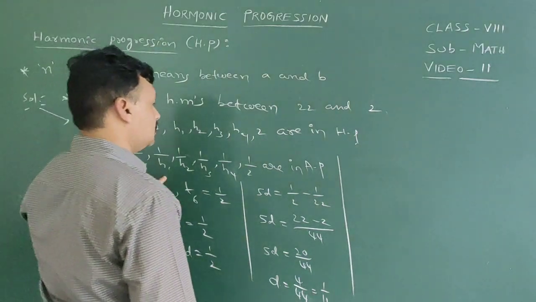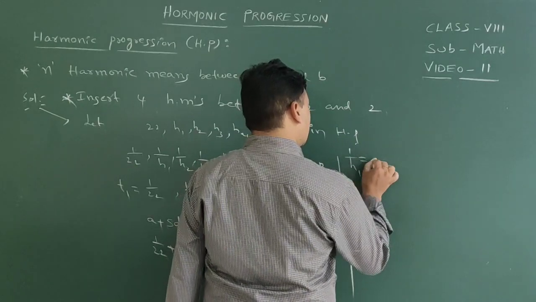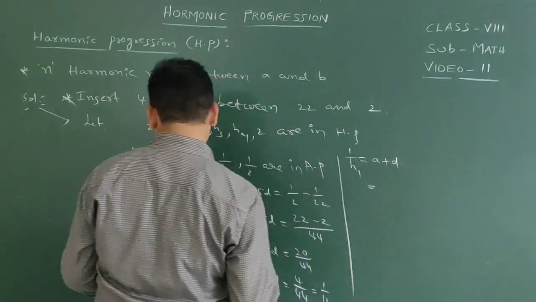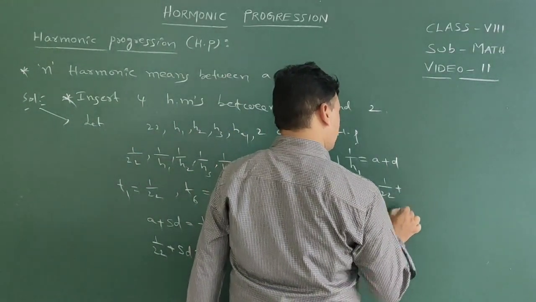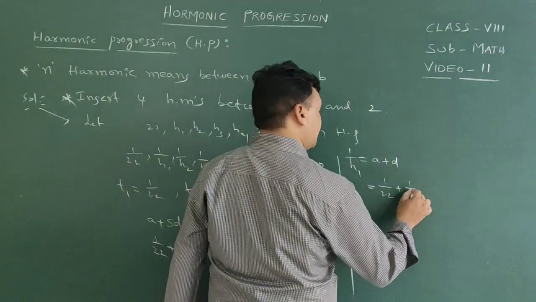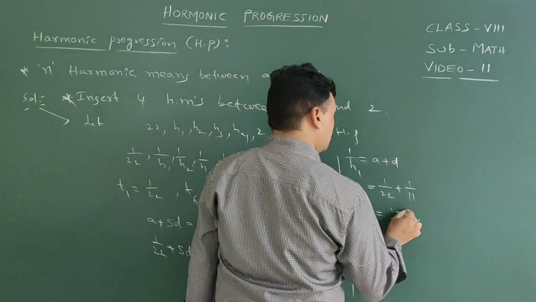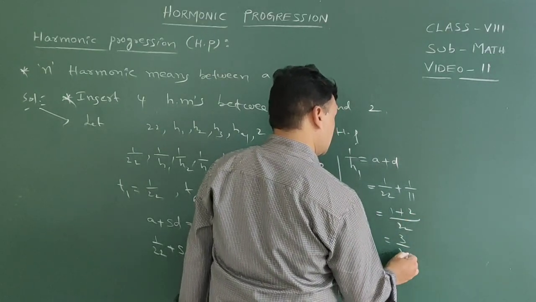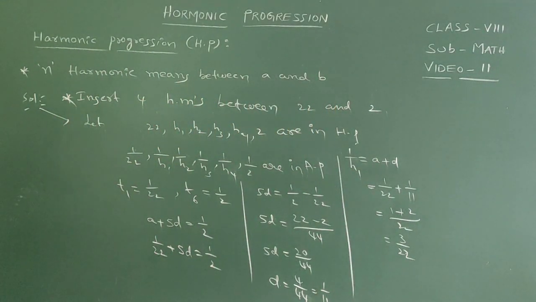The first mean, 1 by H1, equals A plus D. That is 1 by 22 plus D, which is 1 by 11. So LCM is 22. 1 plus 2 means 3 by 22 is the first mean.